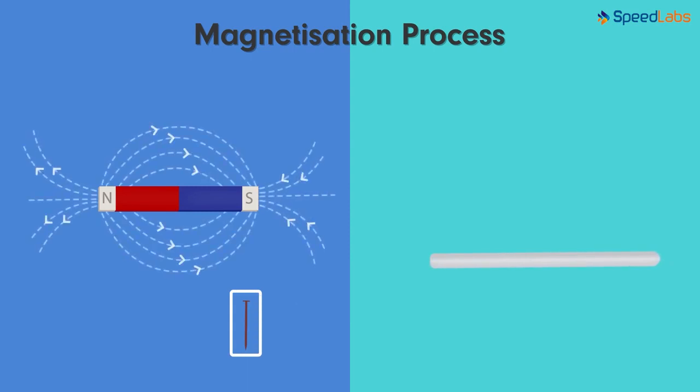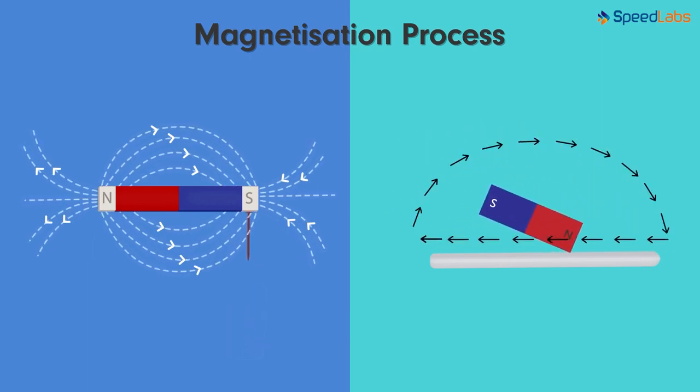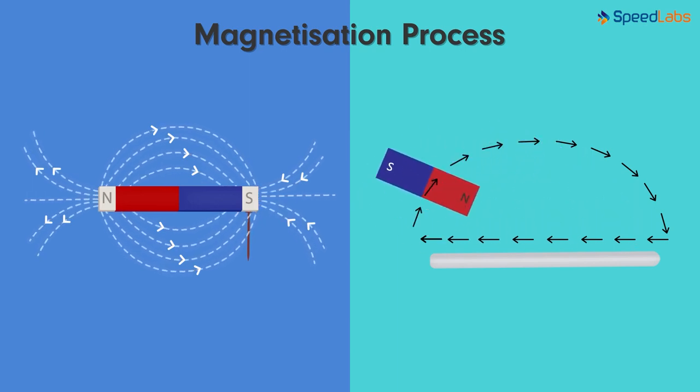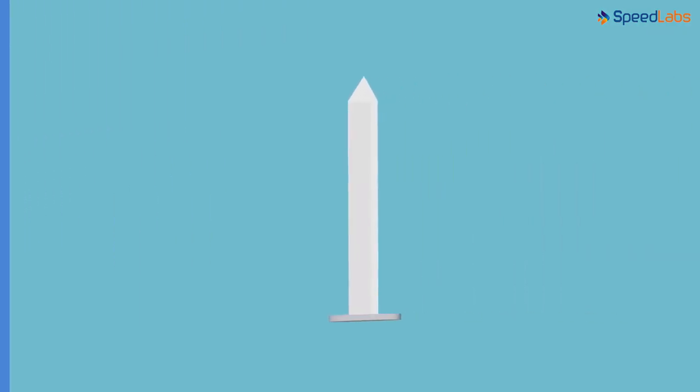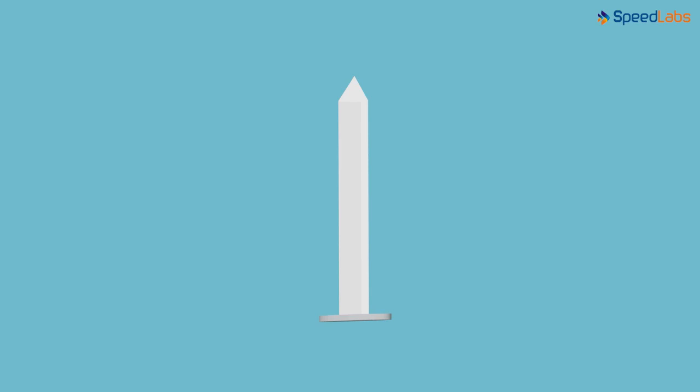One way is to get the ferromagnetic material in an external magnetic field, and the other is through rubbing it with a magnet in one direction. What we saw in this video is the third process of magnetizing any ferromagnetic object. What's the process? Yes, by wrapping a copper wire around it and passing an electric current through the wire.